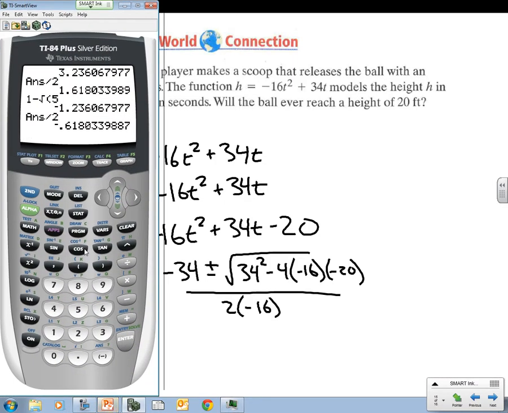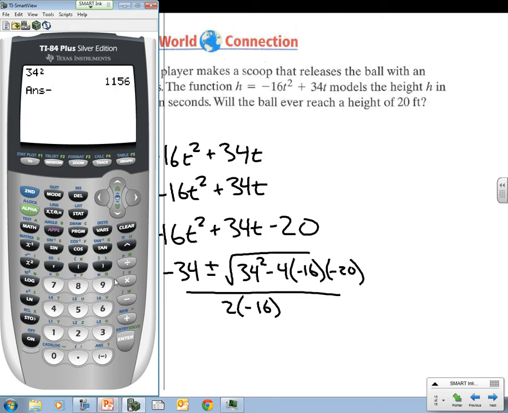All right, clear this off. I'm going to do the discriminant first, actually. I think that's oftentimes easier. 34 squared minus 4 times negative 16 times negative 20.